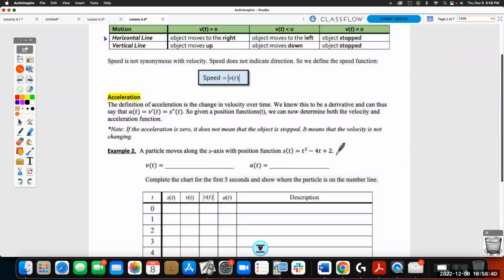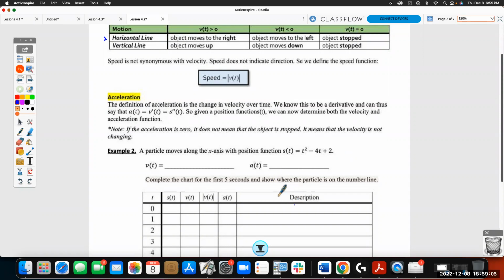And then there is another device in your car that will keep the car's acceleration equal to 0. The velocity is constant. So if you're using the cruise control on your car, the velocity will not change. So if the velocity is not changing, the acceleration is equal to 0.